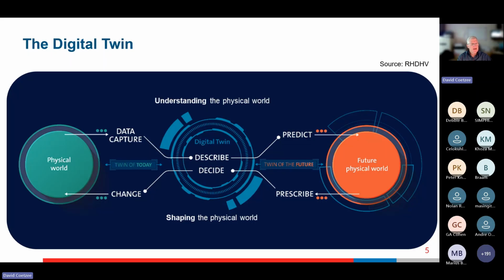And that change then comes back to the physical world, and the cycle goes around again. So that in a nutshell is perhaps a dumbed down idea of the digital twin, and that area of endeavor, as I'm sure all of you know, is advancing at a terrific rate as the cost of gathering real world information out in the field and transmitting it back to our digital models becomes quicker and cheaper every single day.